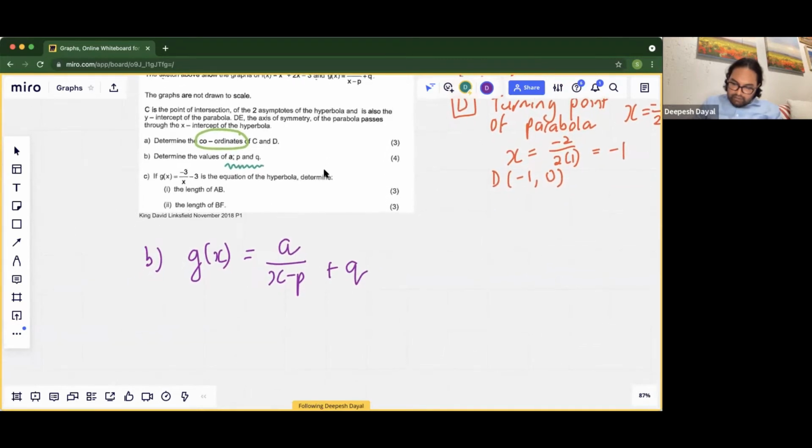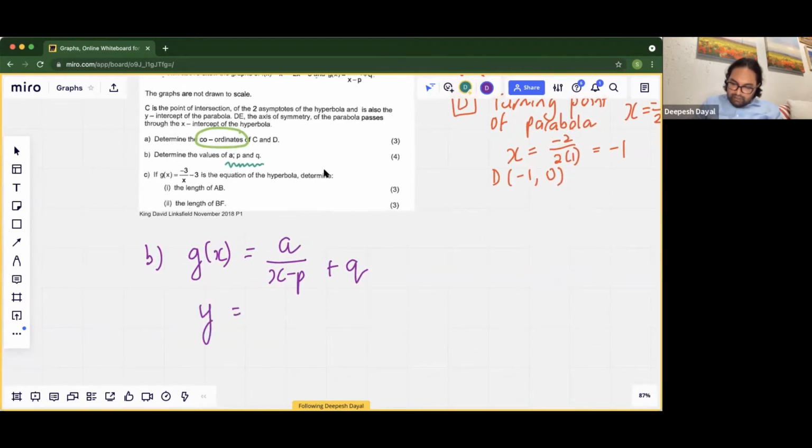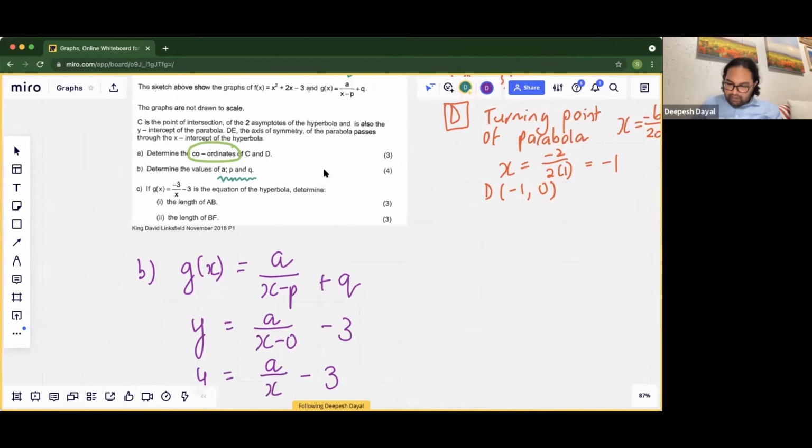So I'm going to change this g(x) to y equals a over x minus 0, minus 3. So it's just going to be y equals a over x, minus 3. Okay, so we've got this so far.